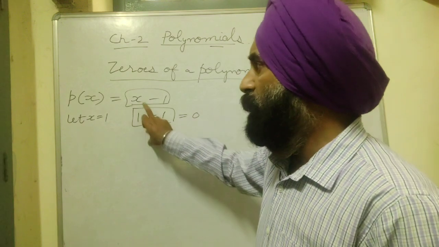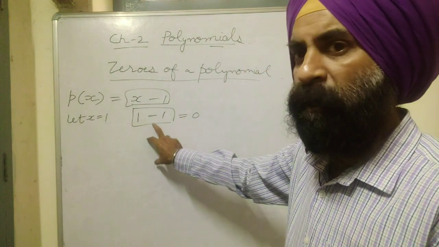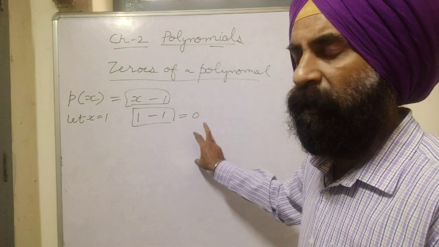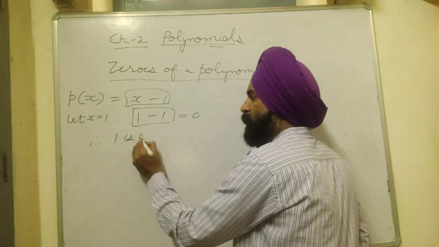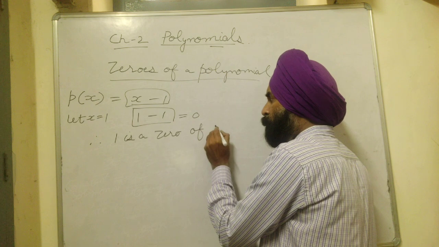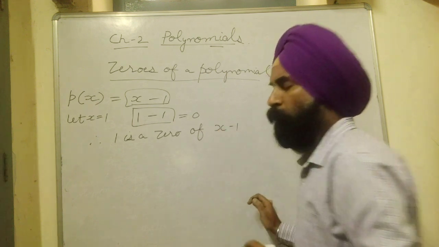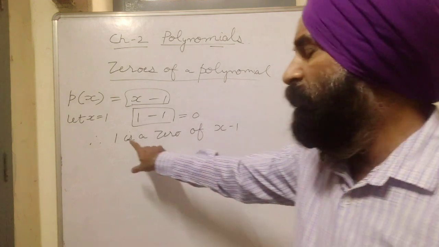And if this polynomial is in variable x and I put the value x equal to 1 here, I got the answer 0. So I got the conclusion that 1 is a zero of the polynomial x minus 1. So a linear polynomial has one zero.